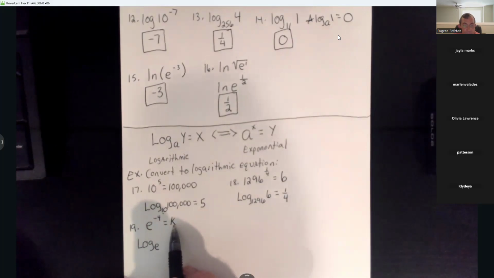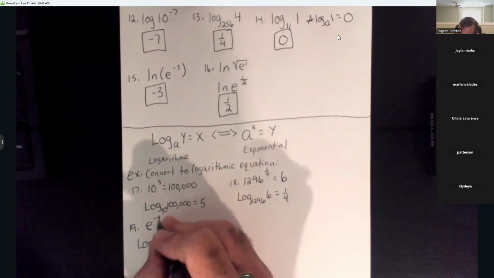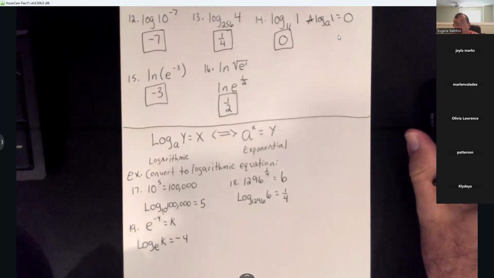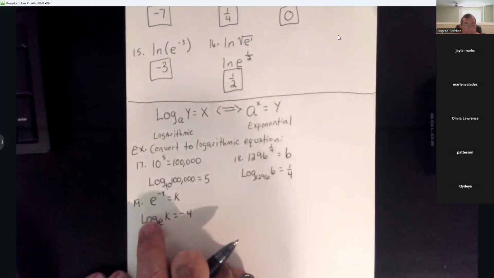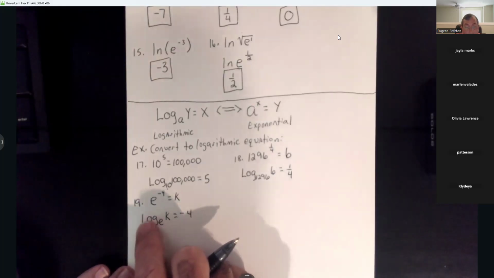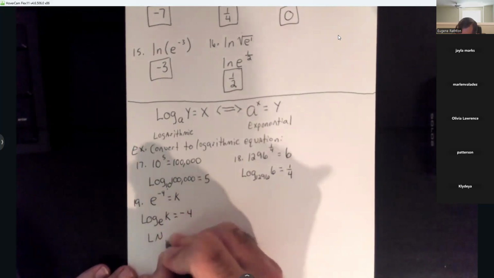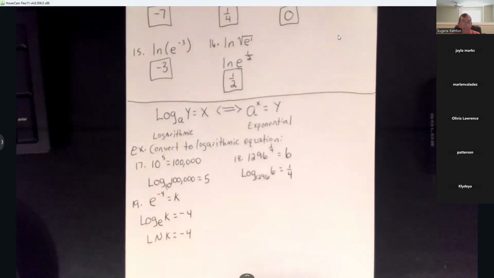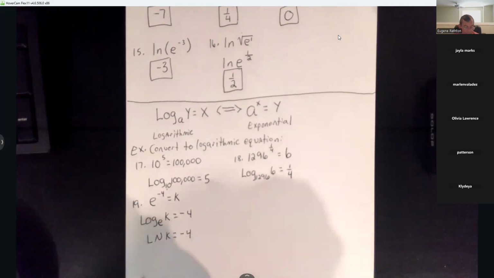The result is the same as the result of the exponential, that's the K. And that's going to equal the exponent of -4. Now, y'all, I'll tell you the truth on this one. Since it's log base e, we can rewrite it as ln of K equals -4. I believe it'll take it either way, but if you wanted to go on and simplify it, you can do the ln on that, okay?